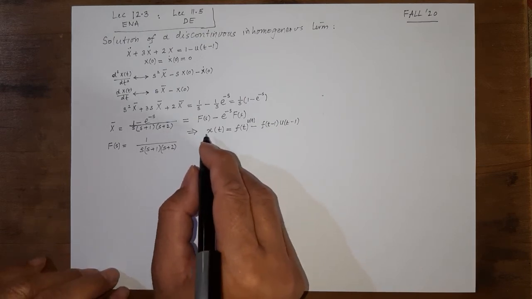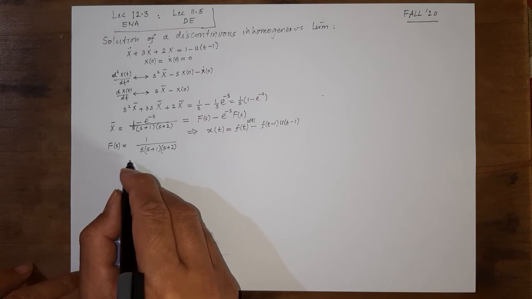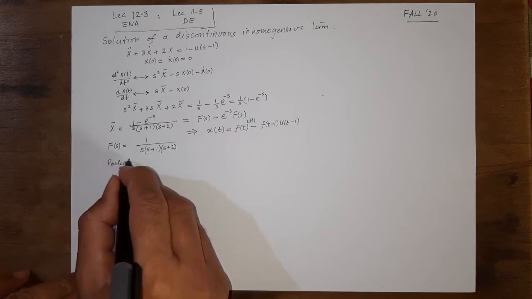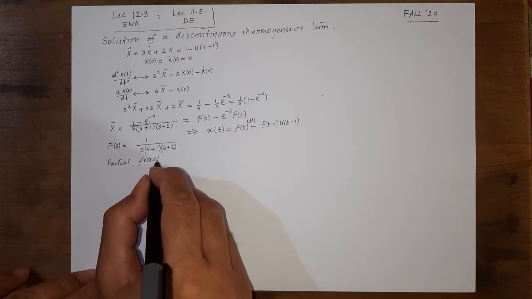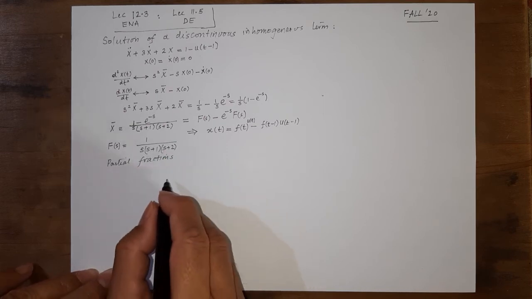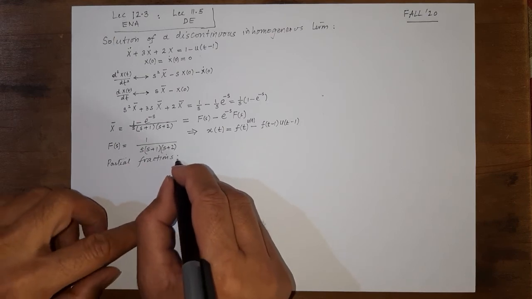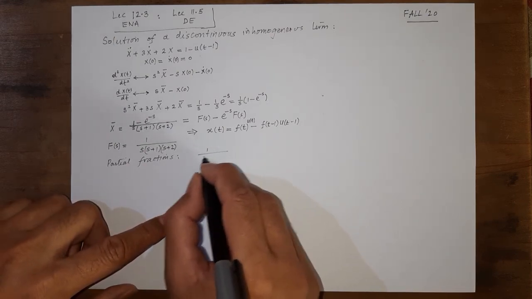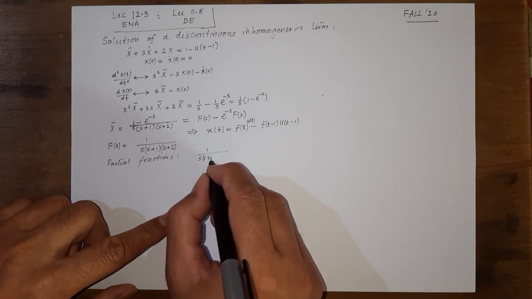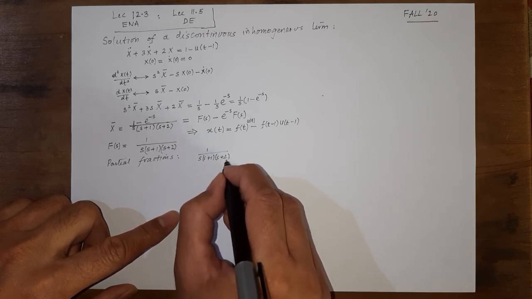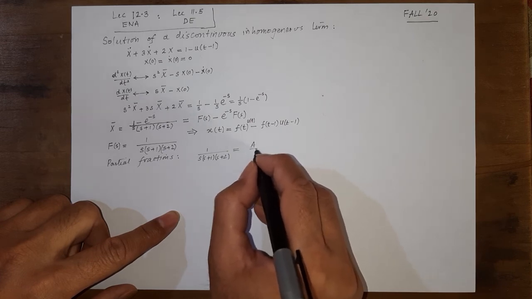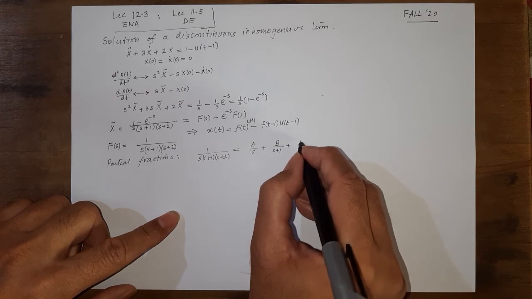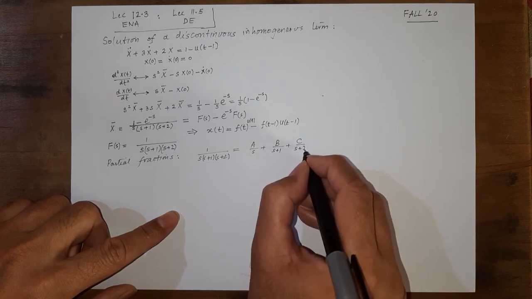And now the task that remains is to find what is f(t). For that, we have to use the method of partial fractions. And once again, you can use any method, but try to learn my method because that is going to be speedier. So 1 over s(s plus 1)(s plus 2) can be written as A over s plus B over s plus 1 plus C over s plus 2.